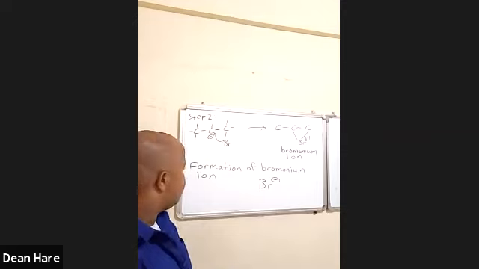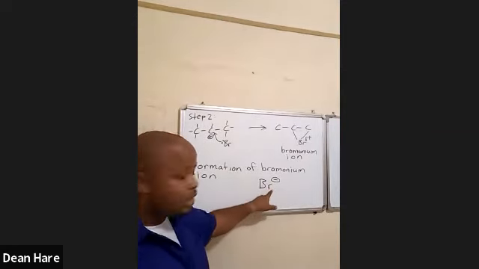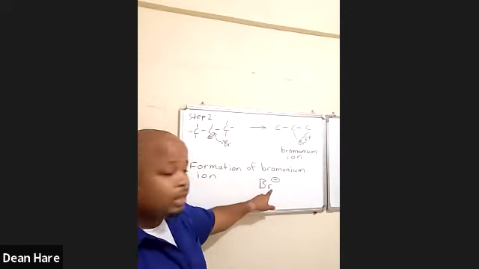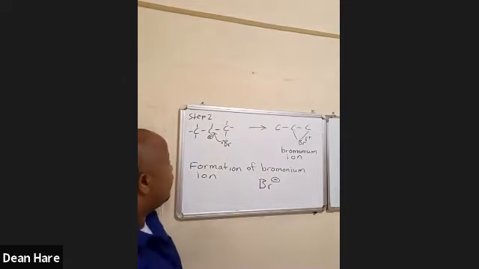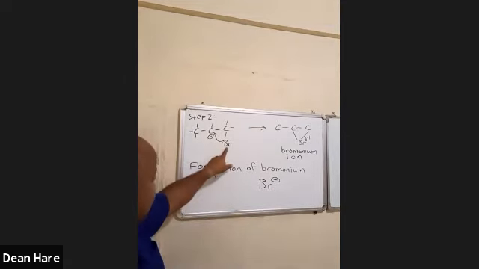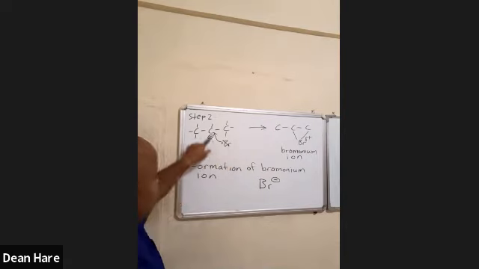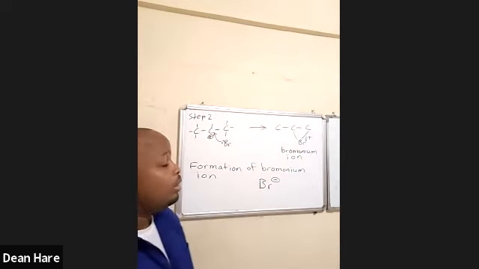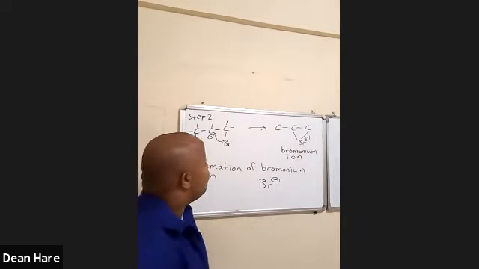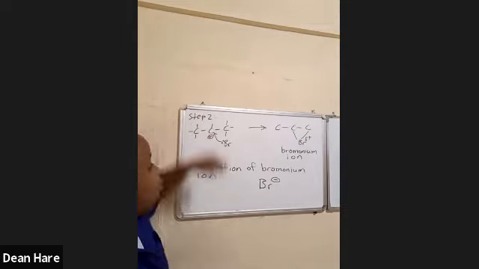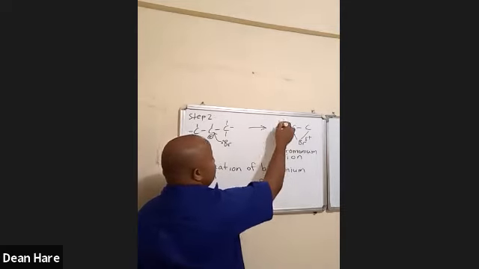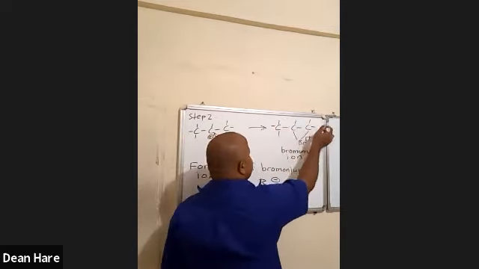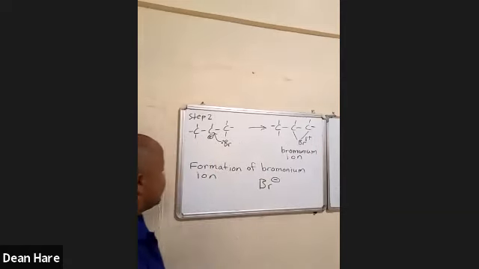So in step 1, just ensure you put this as a product as well. All right, and in step 2 now, this same bromine atom attacks the adjacent carbon atom, and so we get the bromonium ion. Also, do not do like me, put on your hydrogens and put on the bonds, all right? So put on your hydrogens, all right?